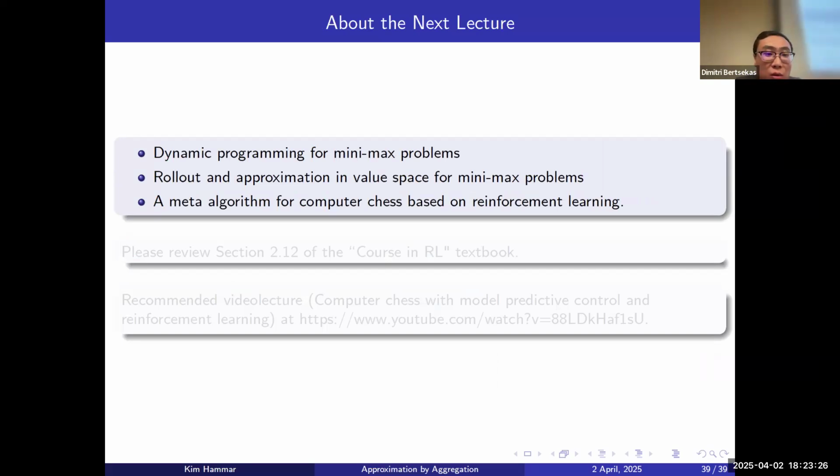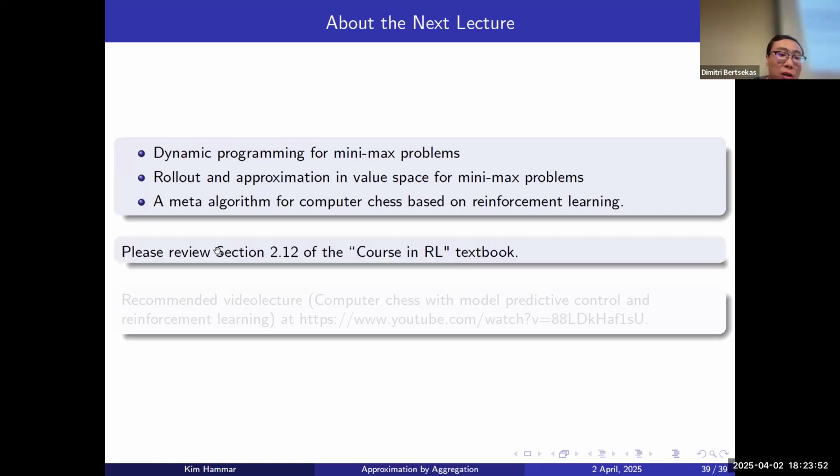And as a case study, we're going to demonstrate a meta algorithm for computer chess based on reinforcement learning, whereby we try to approximate the maximizer in the minimax problem using a given chess engine and demonstrate how a two-player game or two-player problem can be transformed into a one-player problem.